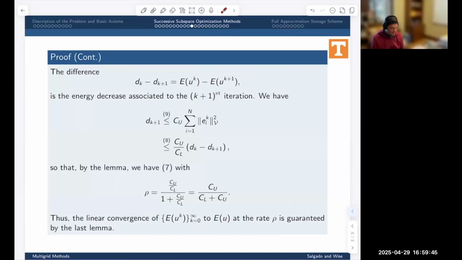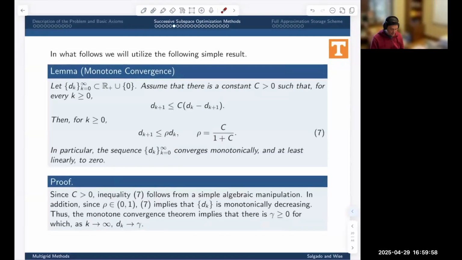But the previous lemma tells me right away that, if I don't care about what that constant is, then 7 has to hold right here. From that, I get 7 with that rho.